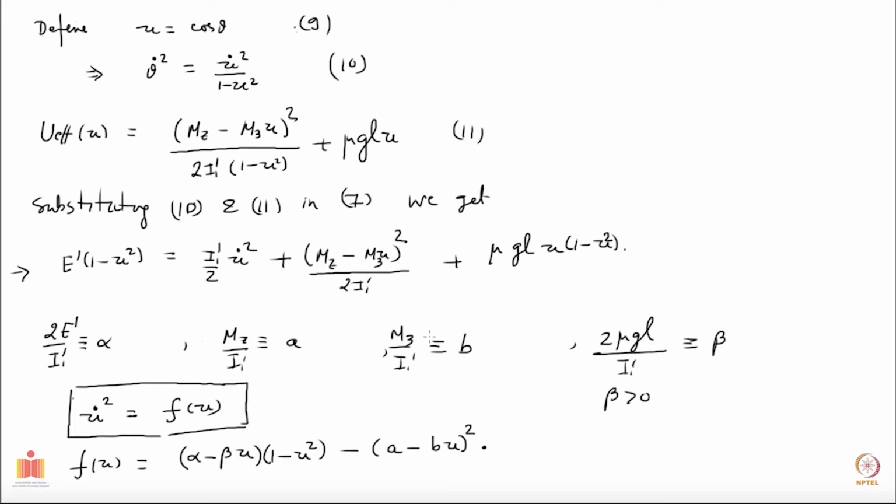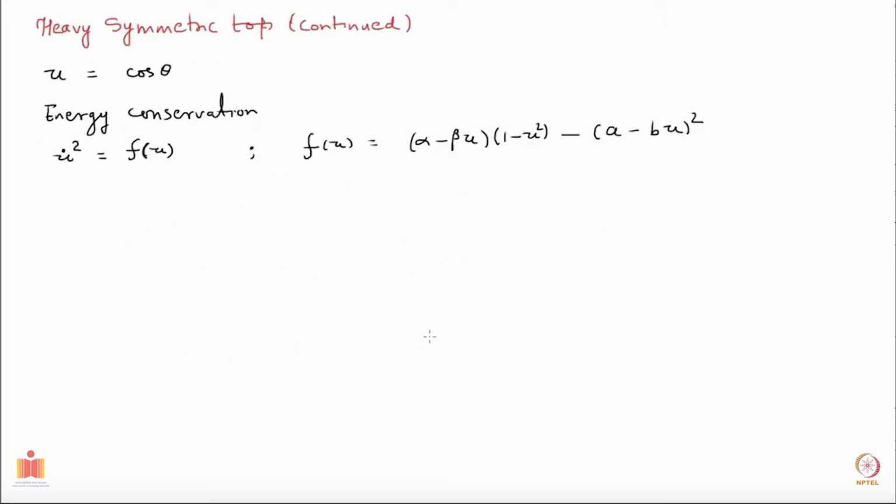If I plug them in that expression of phi dot, I will get the following: phi dot is equal to a minus bu over 1 minus u square. Okay, you can verify this. So it's trivial algebra. Okay, that's good.